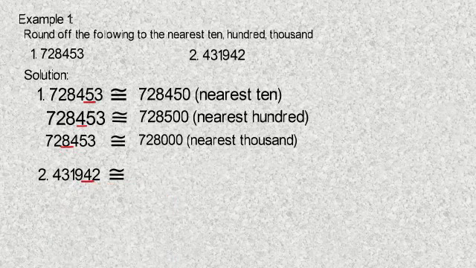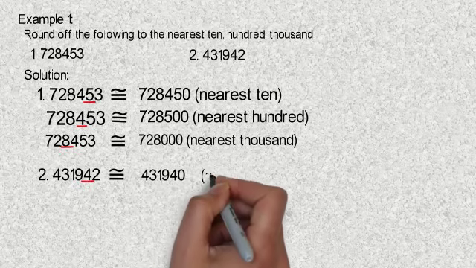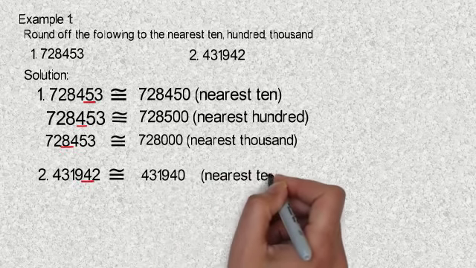So we are considering 4, and the number before it from the right is what? 2. So we round off 2 to 0 because it is not greater than 5 and because it is less than 5. So that will now give our answer to be 431940 to the nearest 10.